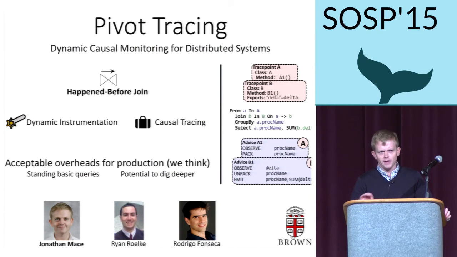Thanks. The latter question I'm not sure I can answer, because we didn't do large-scale analysis on the amount of data you need to collect to be able to answer these questions. But the largest cluster that we ran Pivot Tracing on was a 400-node Azure cluster. And on scalability, I'm going to make a bold claim and say that it's not an issue.